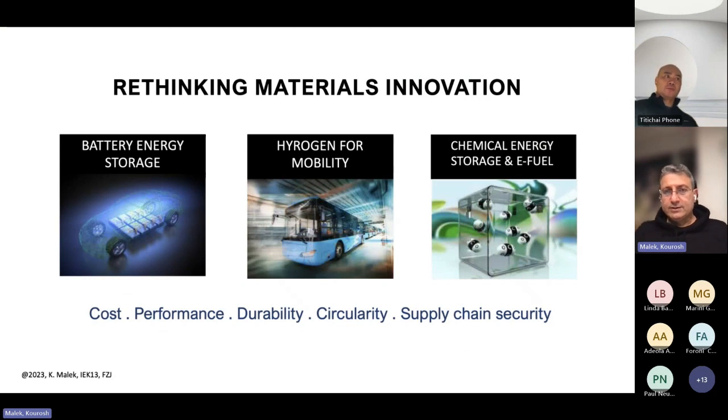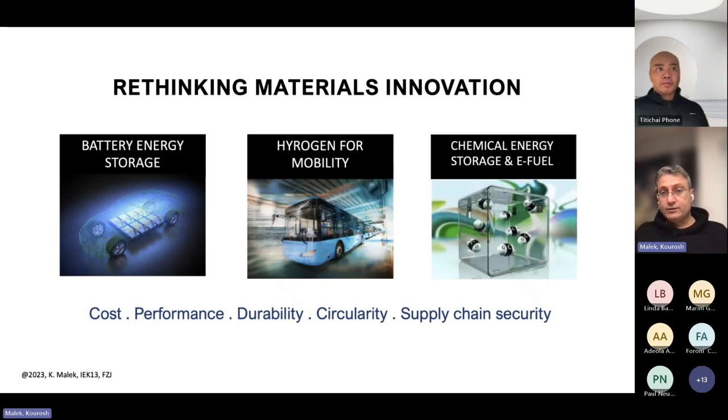The other element that is also adding into the whole equation of cost and performance, which was widely addressed in the previous slides, especially on performance, is the durability and circularity of the materials. And then if you add supply chain issues, which are more and more becoming an important aspect of the materials used in energy systems, that makes the choice of materials very limited, and also a function of a lot of factors that have to be considered.